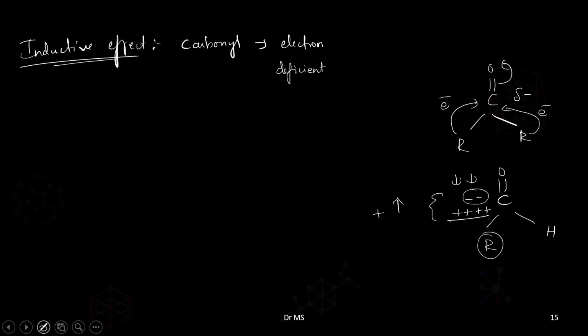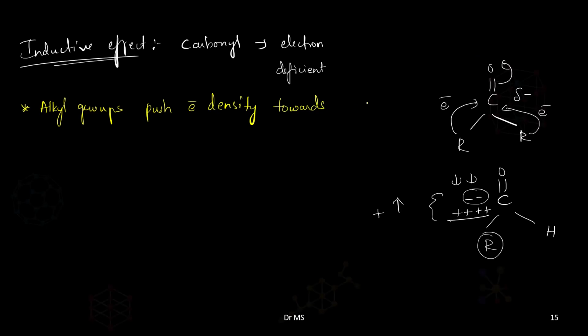Okay, let me write it. So there are alkyl groups present. These alkyl groups push electron density towards the carbonyl group. That happens through the inductive effect.